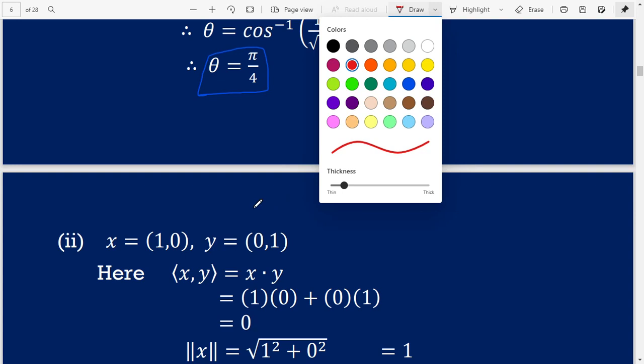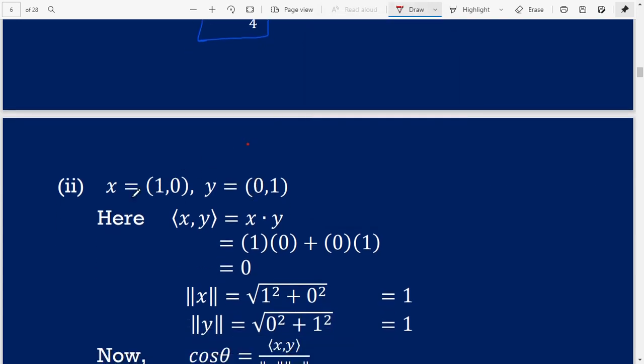Now we see the next example, for the value x is equal to (1, 0) and y is equal to (0, 1). So inner product x with y is equal to x dot y, so is equal to 1 into 0 plus 0 into 1.